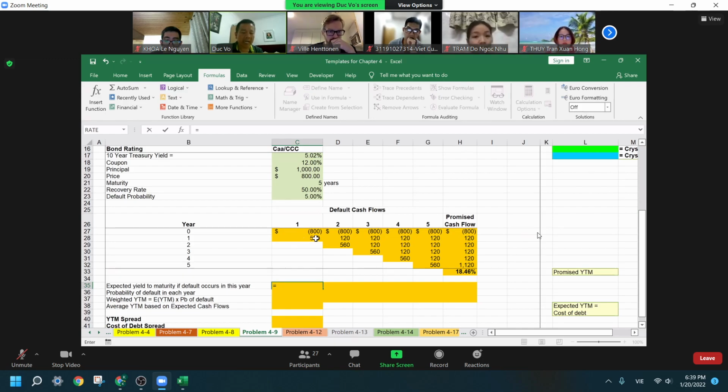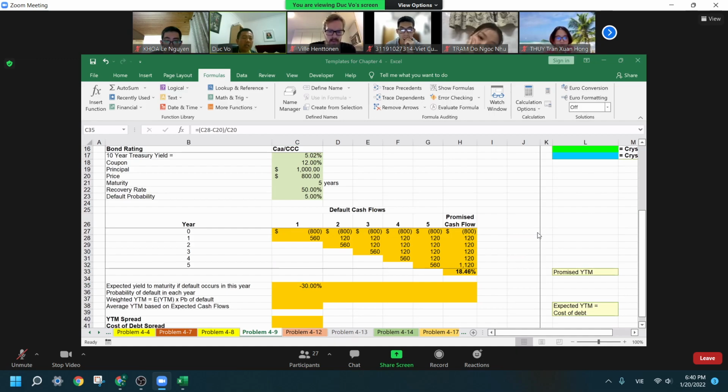I take 560 minus 800, compared to 800. Am I right? So I divide by my initial investment of 800. So it means that my return is I lose 30%. I lose 30% in that year.